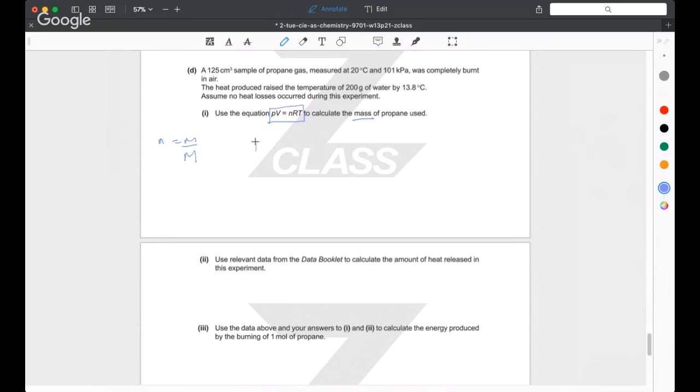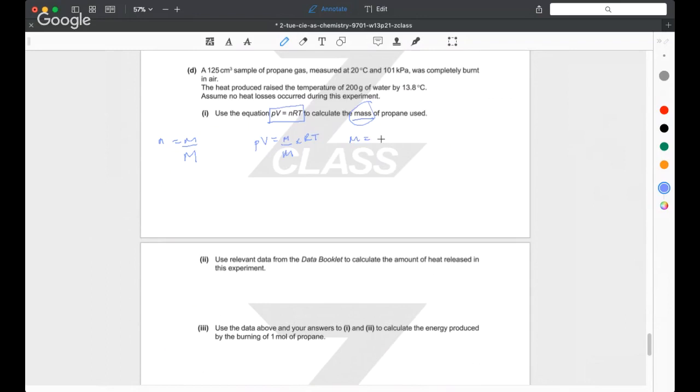So you can say that PV equals nRT is the same as saying PV equals the mass divided by the molar mass times RT. And because we've got to calculate the mass, we need to rearrange this so that the mass, little m, becomes the subject of the equation.